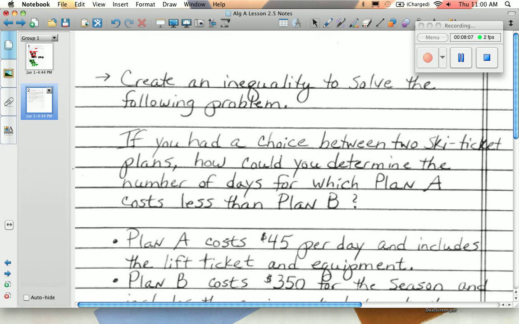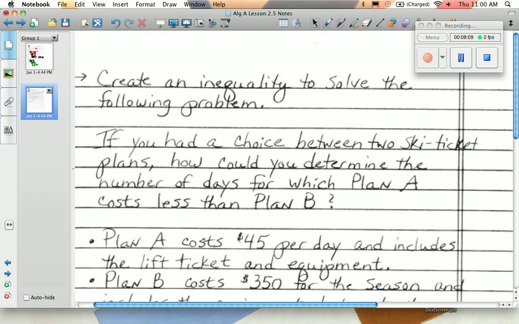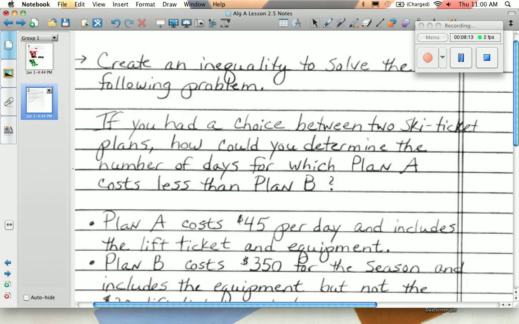Okay, I think we have a word problem here to do. Create an inequality to solve the following problem. Why don't you read that, it's all one sentence there, to yourself.